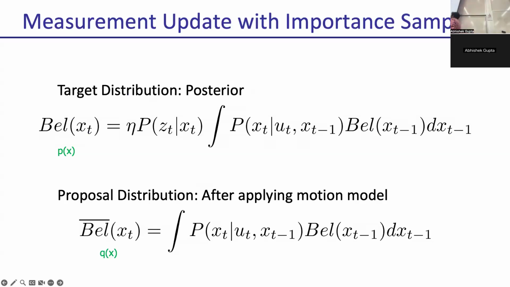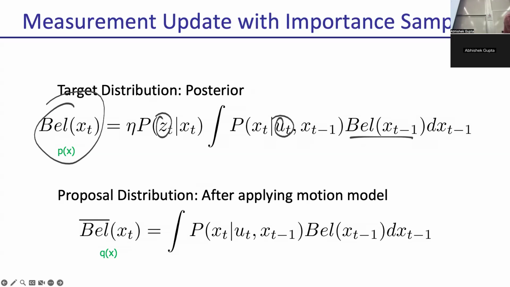And let's say we have our distribution belief bar, right? So it's like before you incorporated the measurement; belief is after you incorporated the action and the measurement, right? So the distribution you want to sample from is belief. And the distribution you want to compute expectation under is belief. But I don't have samples from belief.